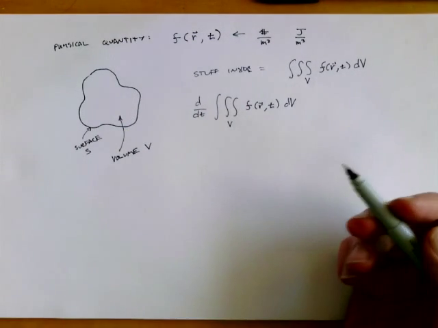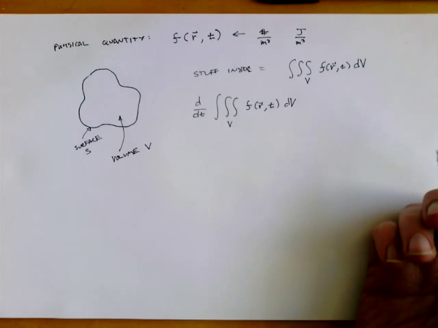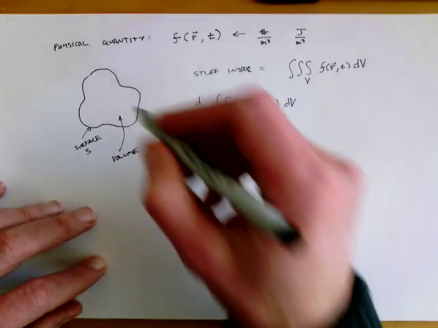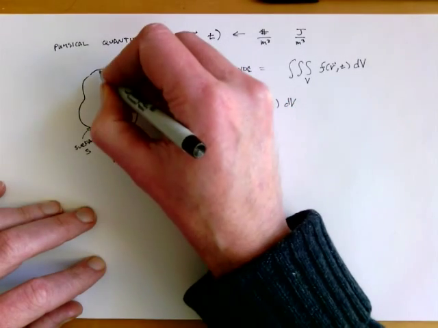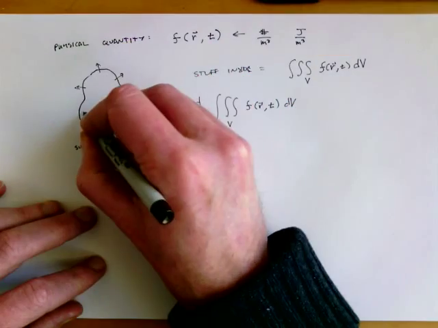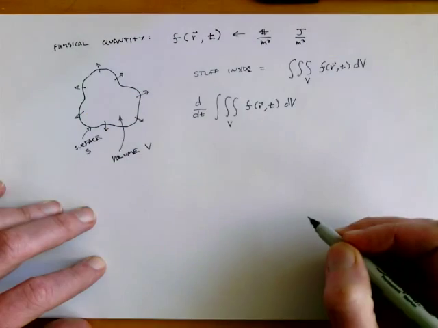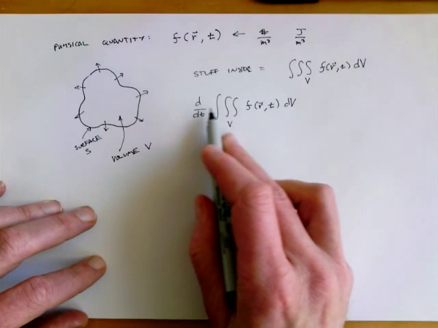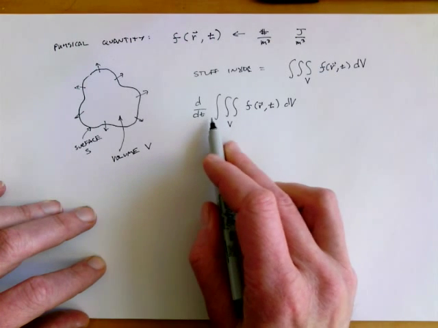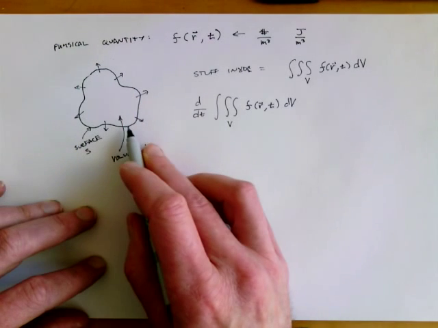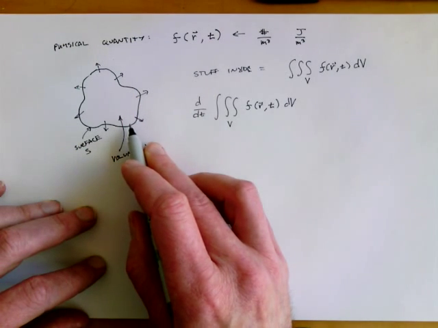But if you think physically how stuff inside could be changing, there are a couple of ways that it could be changing. One way that it could actually be changing is if I've actually got stuff flowing out of this surface, right? So in fact, the rate of change of the total amount of stuff inside the surface is related to what the flux is of stuff through the surface.